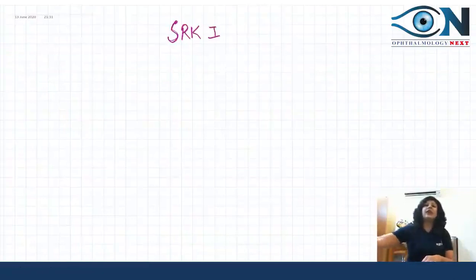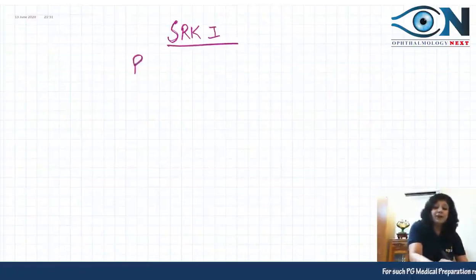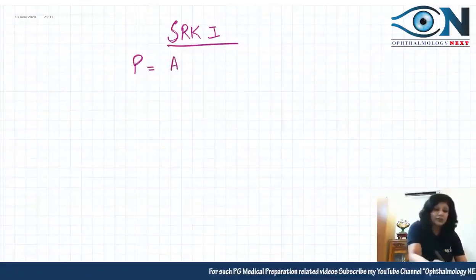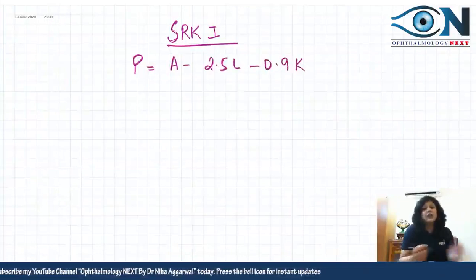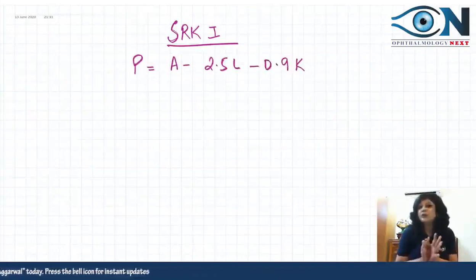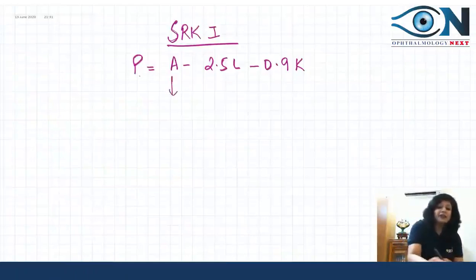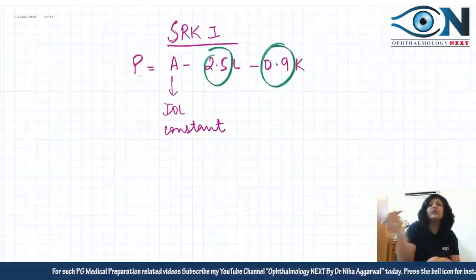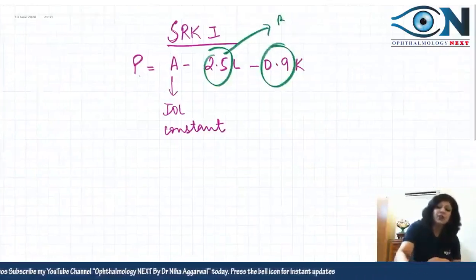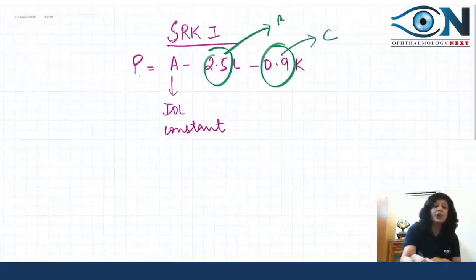SRK1 formula says that power is equal to A minus 2.5 L minus 0.9 K. I think you will agree with me that this is the most common and most important formula that we usually discuss. Now here P is the power, A is the IOL constant.